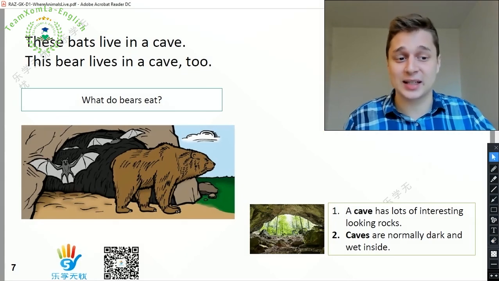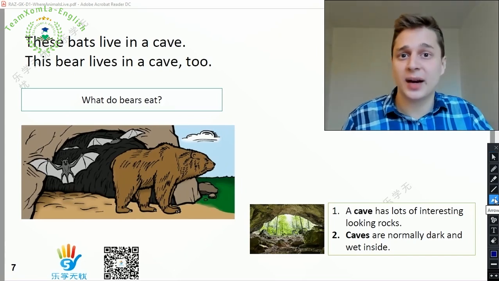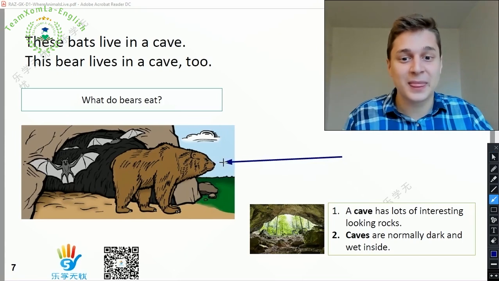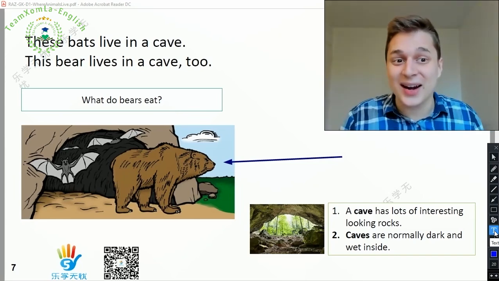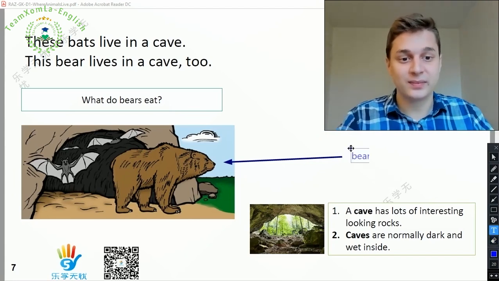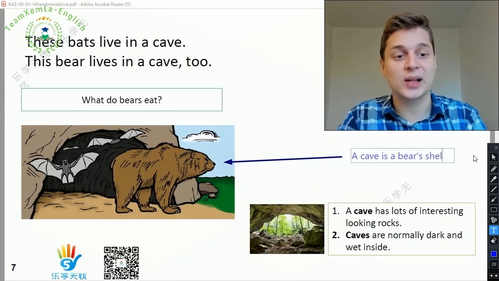Bears are really tough, so they're not hiding in the cave from other animals. What are they doing in the cave? They are staying safe from bad weather. That's what they're doing in a cave. A cave is their shelter. A cave is a bear's shelter.